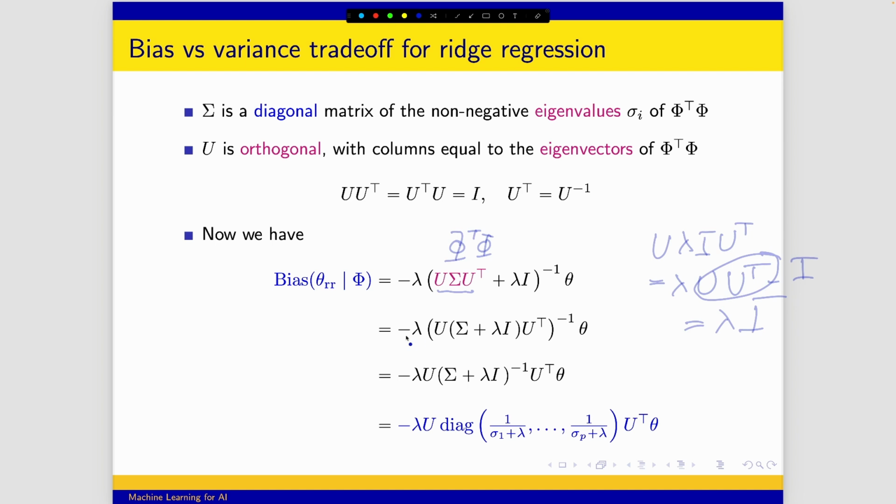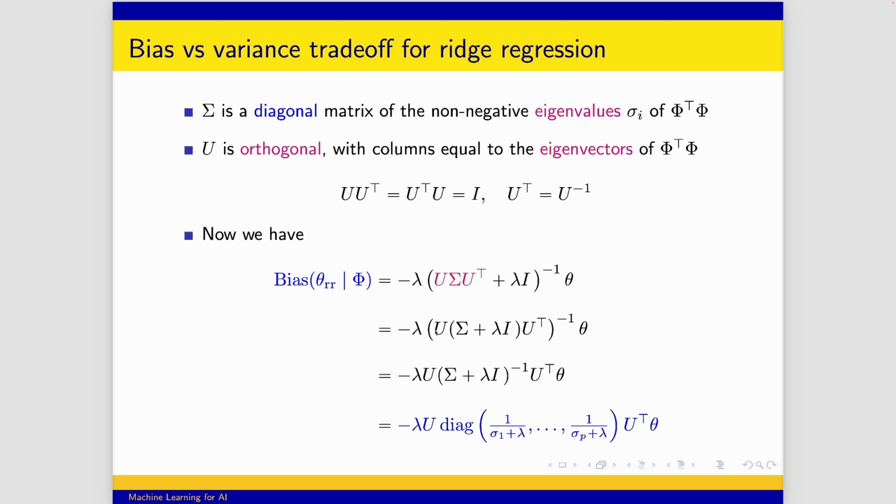Okay, so now what have we got? We've got minus lambda times U times the inverse of this thing here, times U transpose. Why? Well, the inverse of a product like this, so if we have matrices A, B, C, and we want to find their inverse, that's going to be equal to C to the minus 1, B to the minus 1, A to the minus 1. So applying that to this, we need to take the inverse of what's inside here.